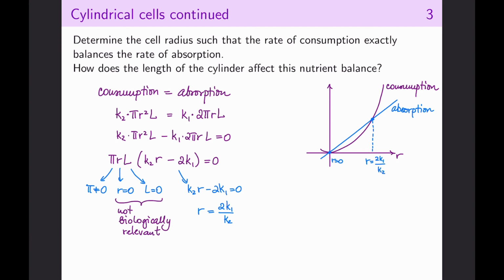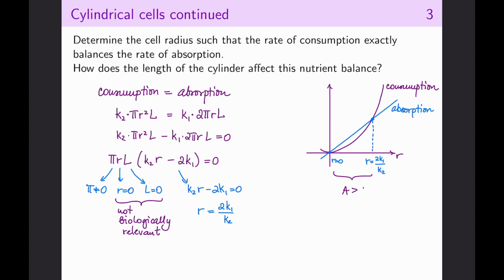Now let's look at what happens before and after the switch point. So before the switch point in this region here, I have that the absorption is on top, so dominating the consumption. So the cell absorbs more nutrients than it consumes, which means that the cell will once again survive.